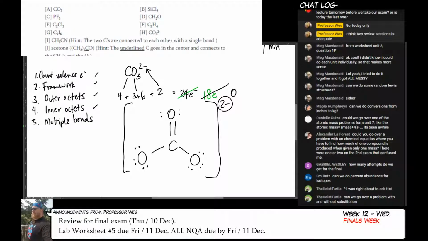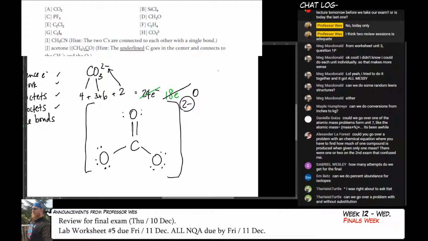Let's do C2H4. So we'll just go over here. We can do this over in the space. So step 1, count your electrons. Step 2, draw a framework.